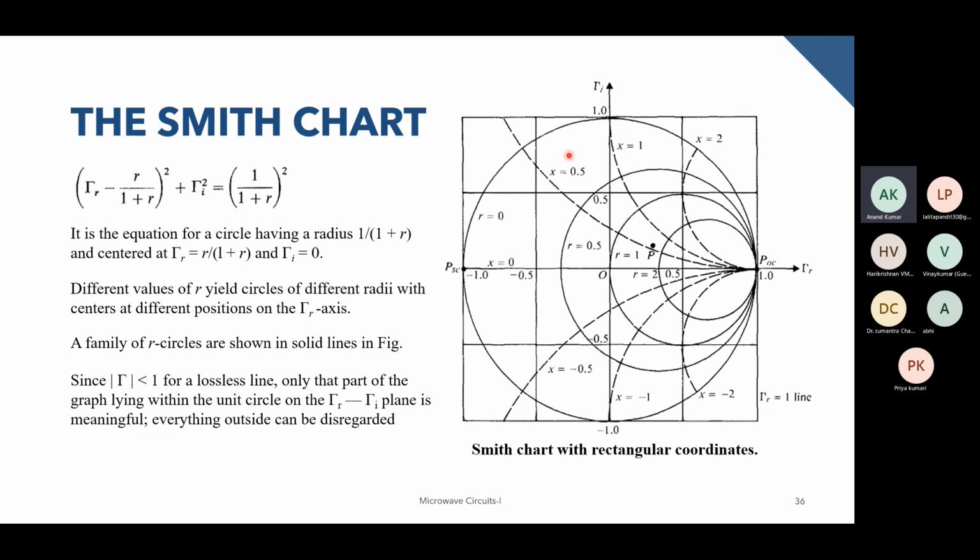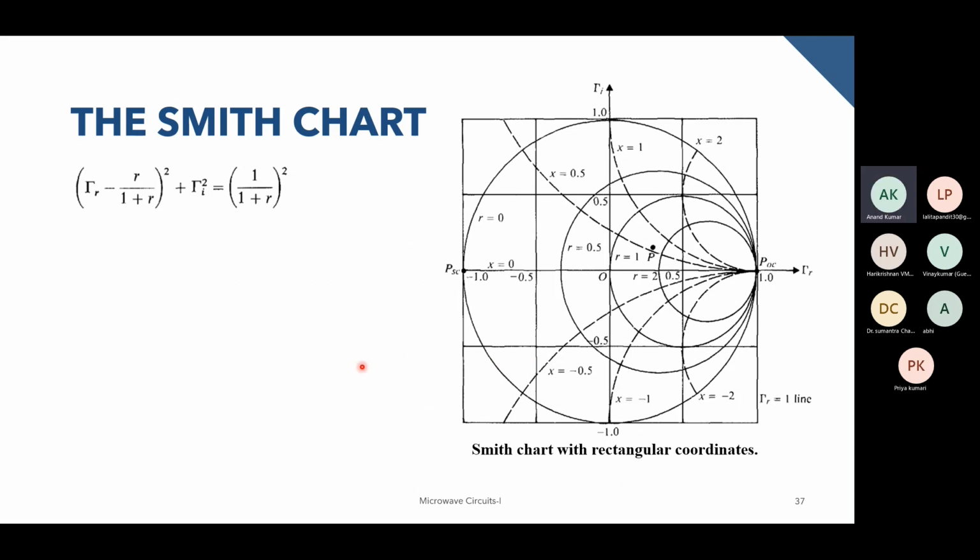For gamma greater than 1, this will be a circle which will lie outside this. But gamma greater than 1 means nothing. It means that the reflected wave has a magnitude greater than the incident wave, which makes no sense. So we will disregard everything outside the gamma equal to 1 circle.